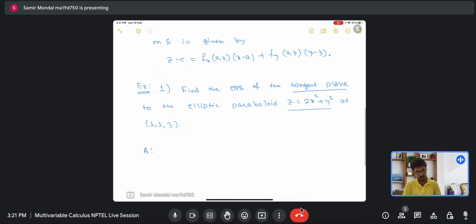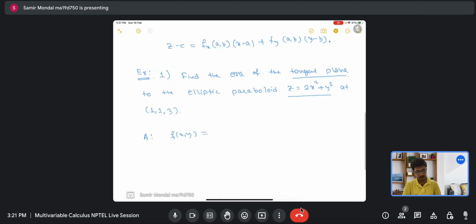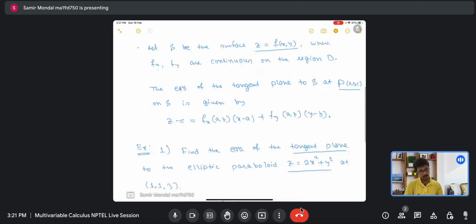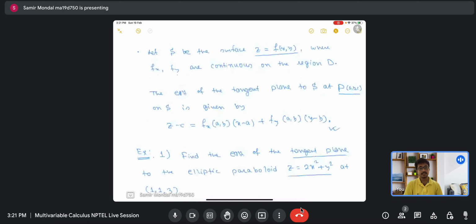Here f of x, y equals 2x squared plus y squared, and P is (1, 1, 3). So this is your equation of the tangent plane: z minus c equal to the partial derivative with respect to x at the point (a, b) times (x minus a) plus the partial derivative with respect to y at the point (a, b) times (y minus b).